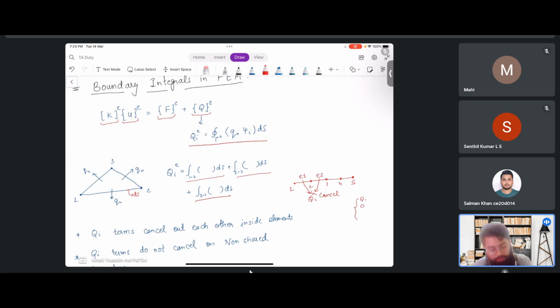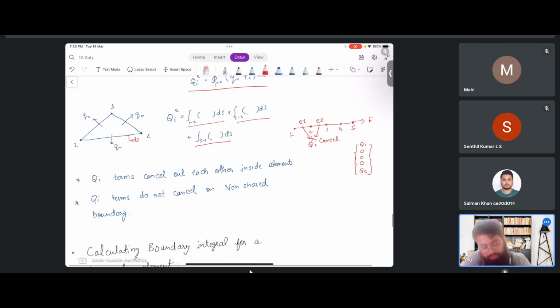Again, for 3 it will be 0, 4 also 0, and q5 can be some value. It may or may not be 0, because the points on the boundary of the domain can have some force applied that doesn't cancel out. You can apply a force easily. Unless some force is specifically given on a node, the contribution to the q vector for that node would be 0 on the internal nodes.